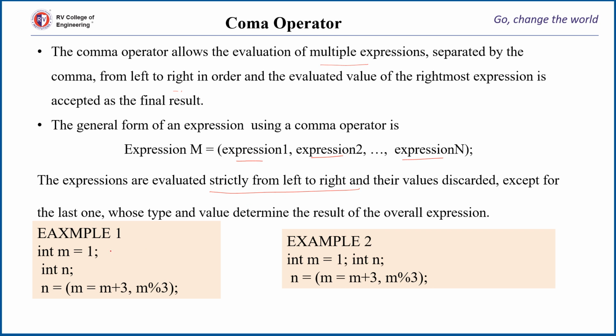For example, I have m equal to 1 and this expression m is equal to m plus 3. So in this case, m becomes 3, right? Now 3 mod 3, I have a comma operator here, 3 mod 3, what is the answer? The result is 0. This will be assigned to your n, right? So in this case, again same thing, m is equal to 1, this is the same expression, fine.